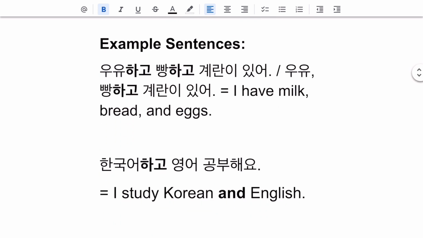Here are some examples I'll read through. 우유하고 빵, 빵하고 계란 있어. 우유하고 빵하고 계란이 있어. Or 우유, 빵하고 계란이 있어. I have milk, bread, and eggs. This is an example of a list. There are 2 variations of the same thing.